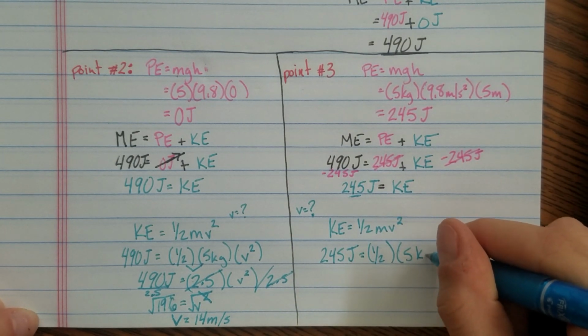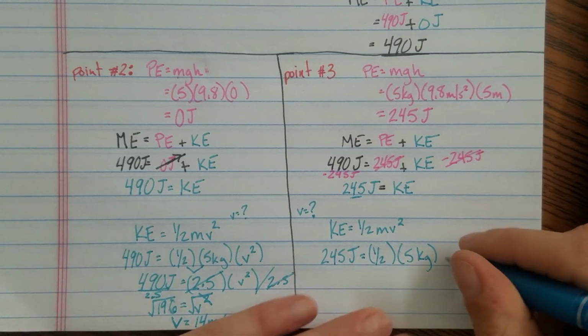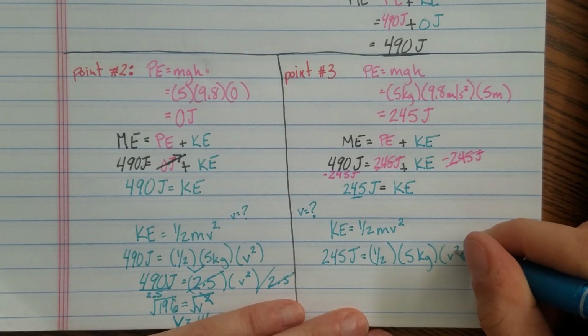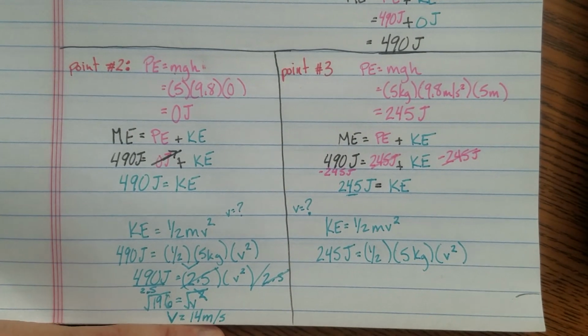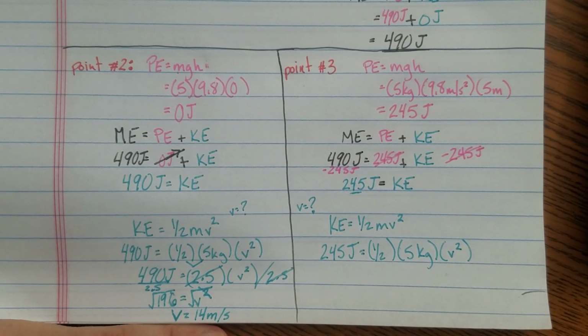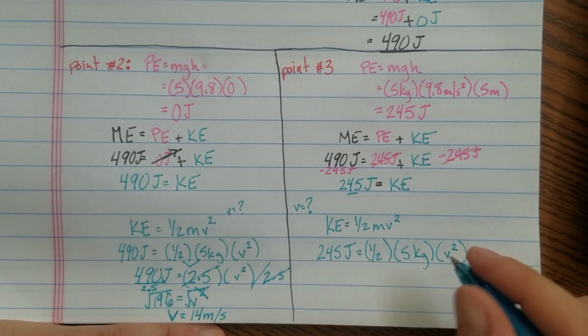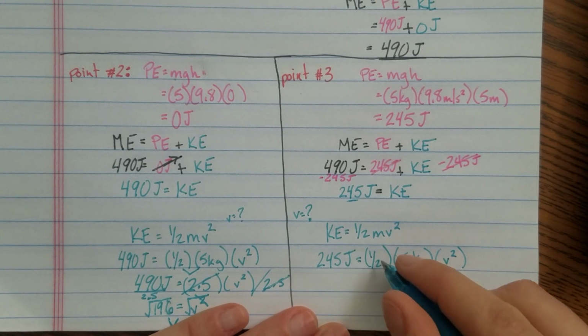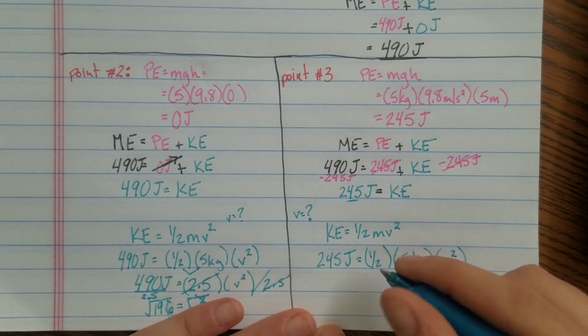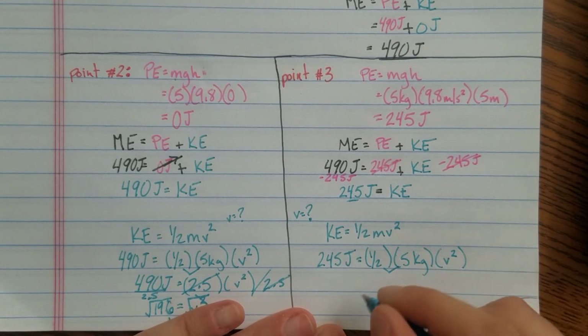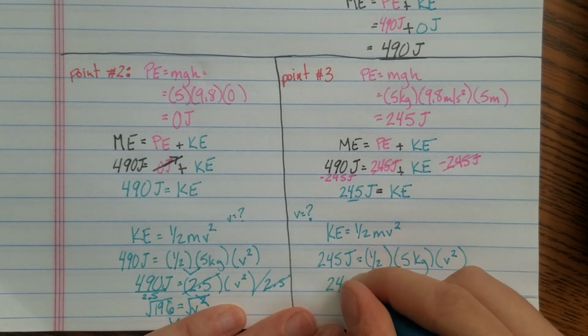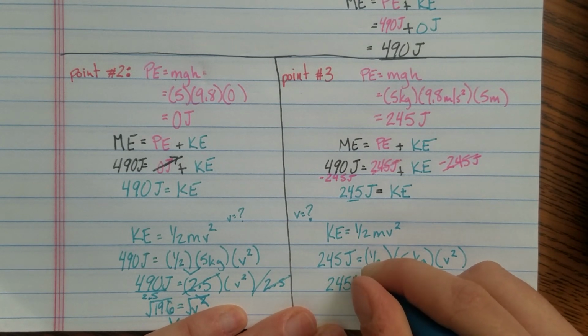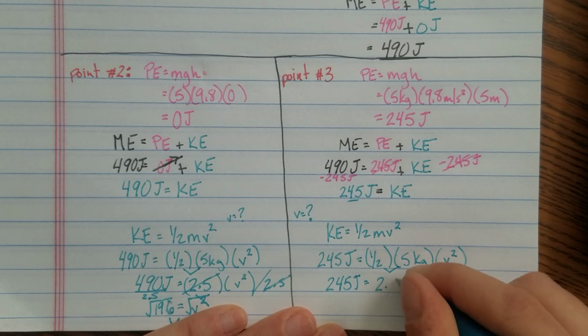My mass is still 5 kilograms. And V is my unknown, so again, we're going to have to leave it as a variable. So again, let's combine 5 times 1/2 right here. So now we have 245 joules equals 2.5 times our velocity squared.